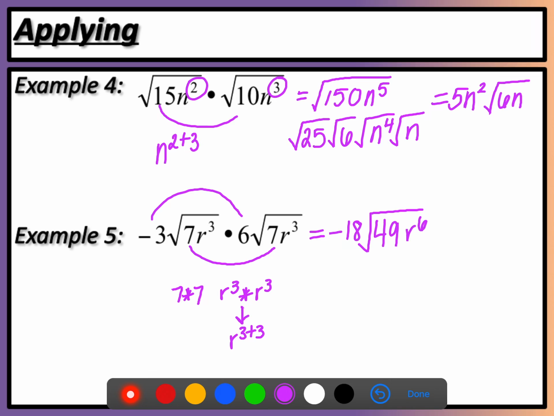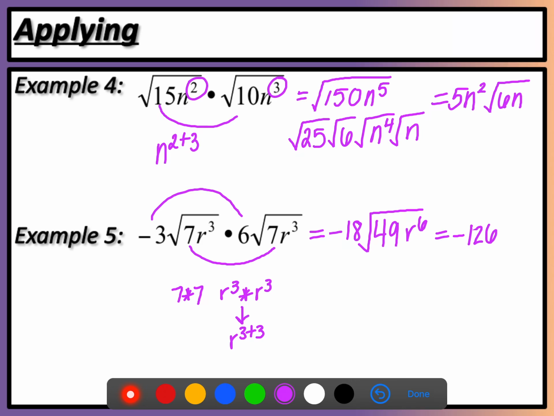49 and r to the 6th are both perfect squares. So when 49 comes out, it is 7, and it's going to multiply with the negative 18 that's already there, which gives us, oh, I have the wrong answer there, 126.